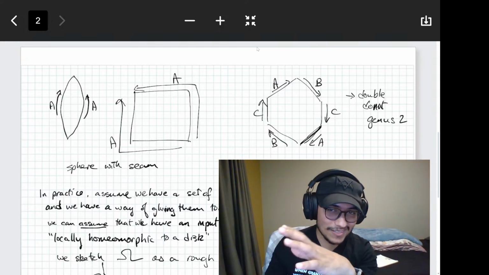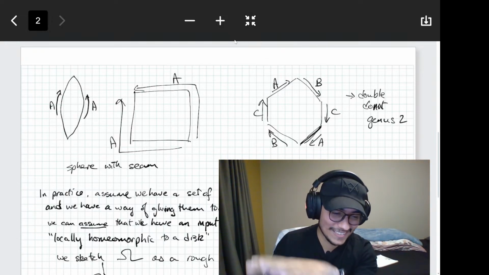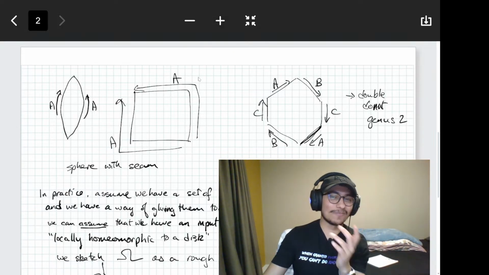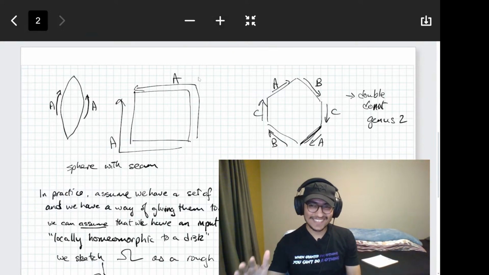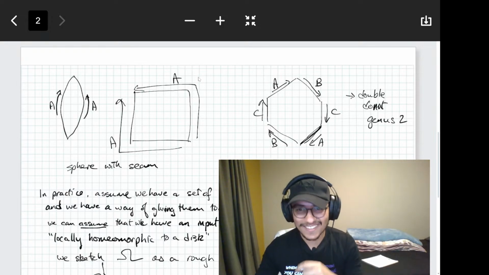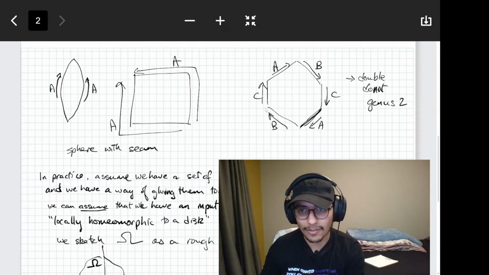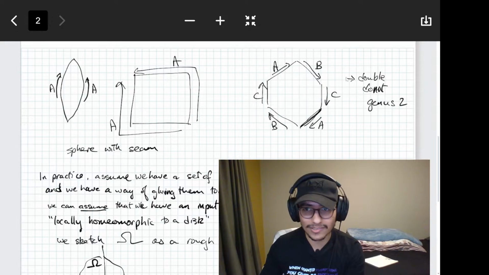This is what our professor told us: don't try to imagine this one. I'm not going to ask you to imagine this one because it will mess with your mind. Just take my word for it. This will form a donut. No, sorry, this will form a double donut.